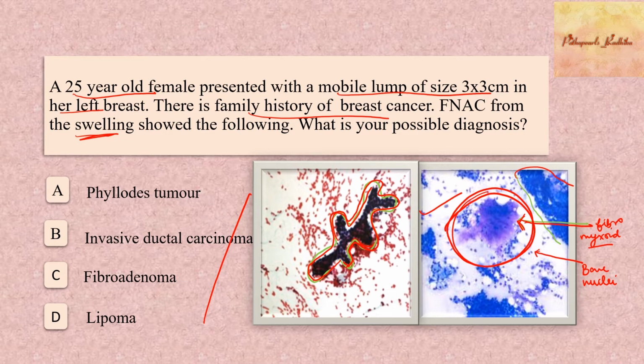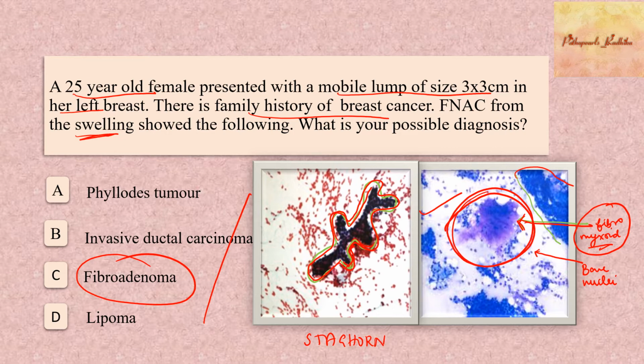So always remember, when you see this fragment with a cluster of myoepithelial cells in a branching pattern, this resembles a staghorn pattern, like the horn of a deer. This is called antler horn pattern or a staghorn pattern with a fibromyxoid pattern. Your diagnosis is fibroadenoma, which is a benign fibroepithelial lesion.